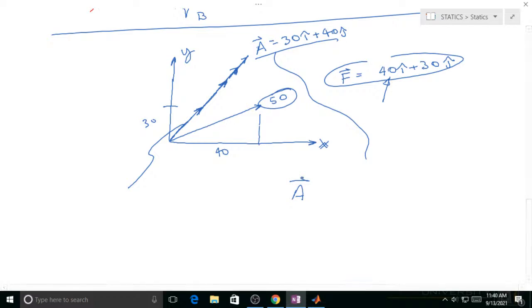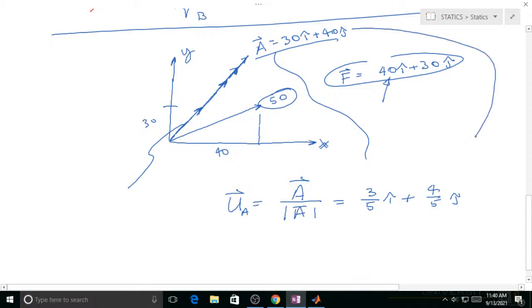So you make a unit vector along A. In this case, it's going to be 3/5 I and 4/5 J. What I'm doing is taking this vector, its length is 50, it's 30 over 50, 40 over 50, and that's the vector, right?